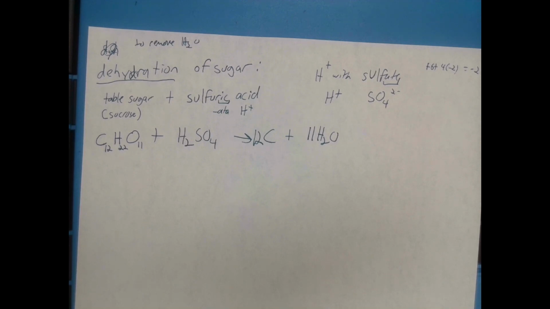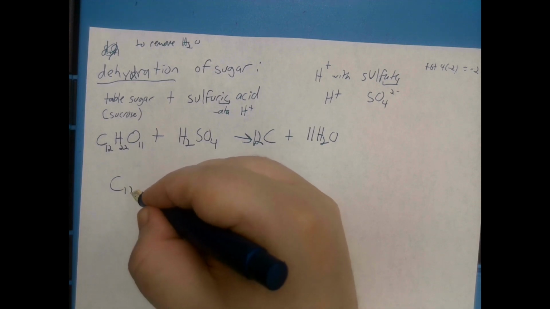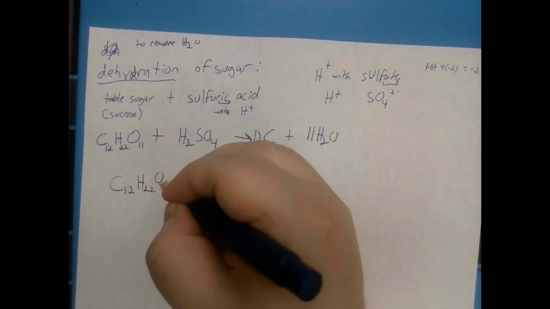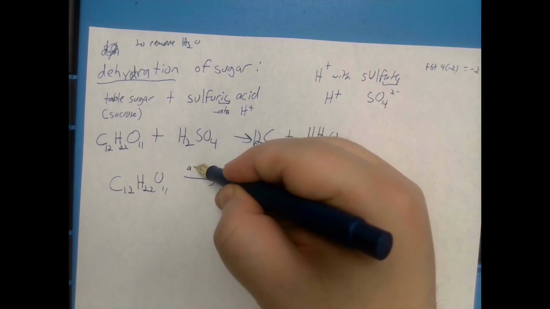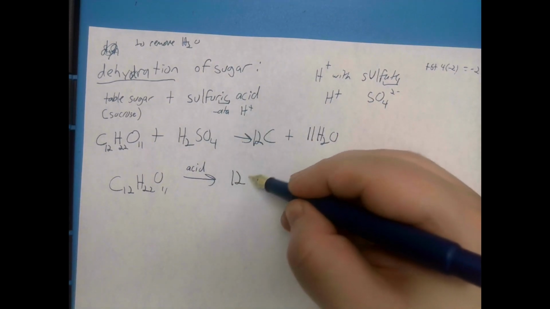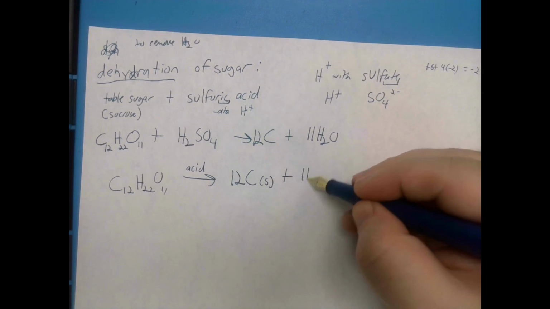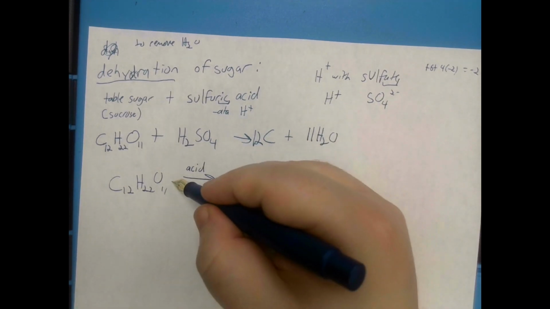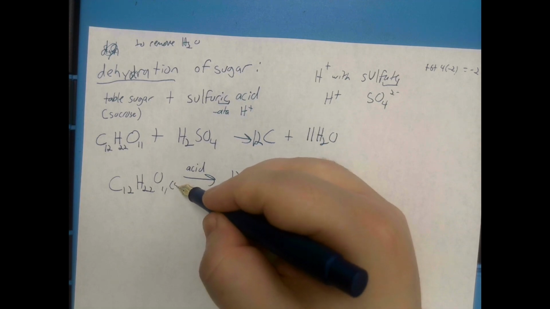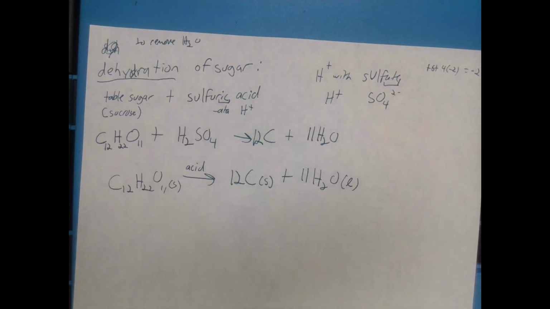Missing some sulfur. So usually the equation is more written like this. We have C12H22O11, and we put acid right here, and we get 12 carbon and 11 water. Like this.